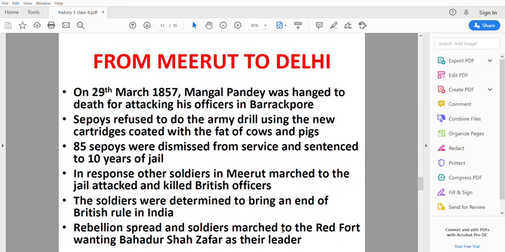The rebellion spread and the soldiers marched to the Red Fort, wanting Bahadur Shah Zafar as the leader. These 85 sepoys were dismissed on the 9th May, and the soldiers declared war against the British on the 10th May 1857.